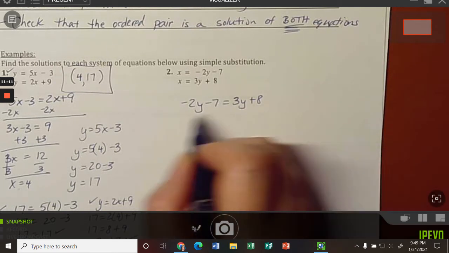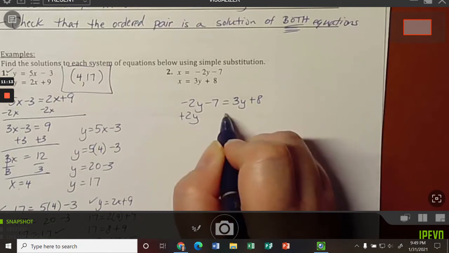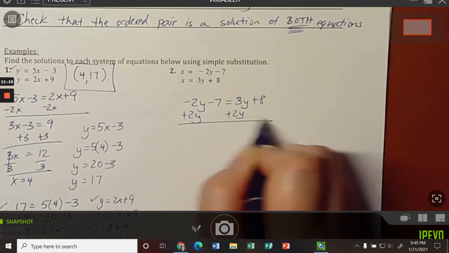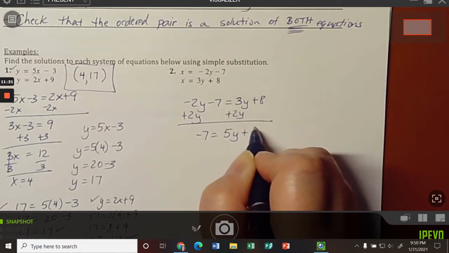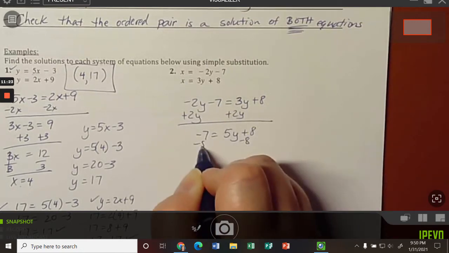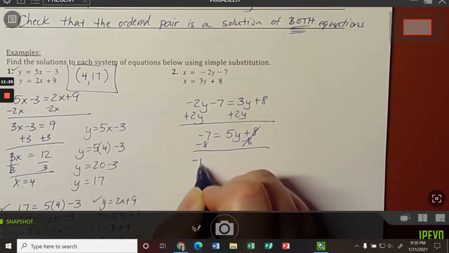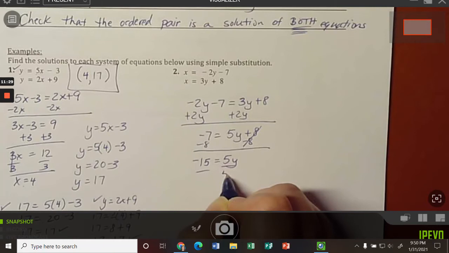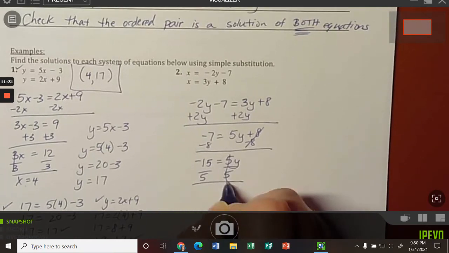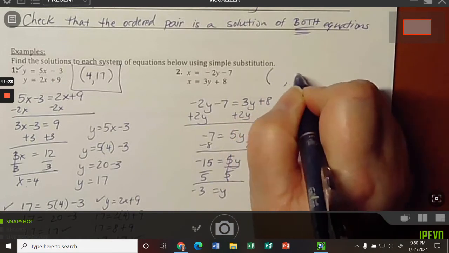So we'll get all of our y's together. I will add 2y to each side to get negative 7 equals 5y plus 8. Subtract 8 from each side to get negative 15 equals 5y. And then divide each side by 5 to get y equals negative 3.